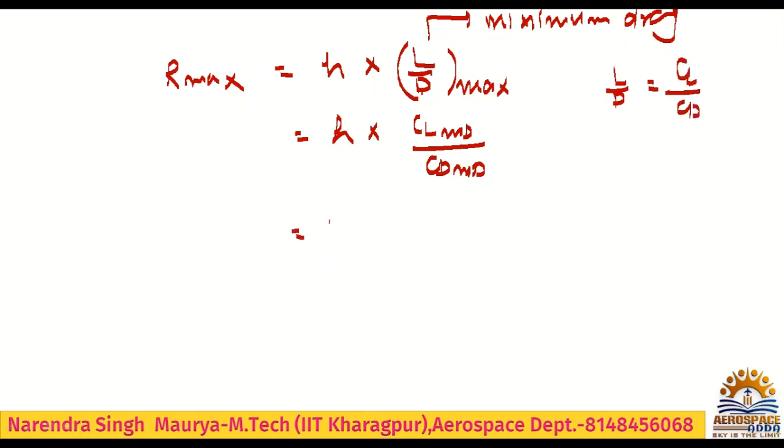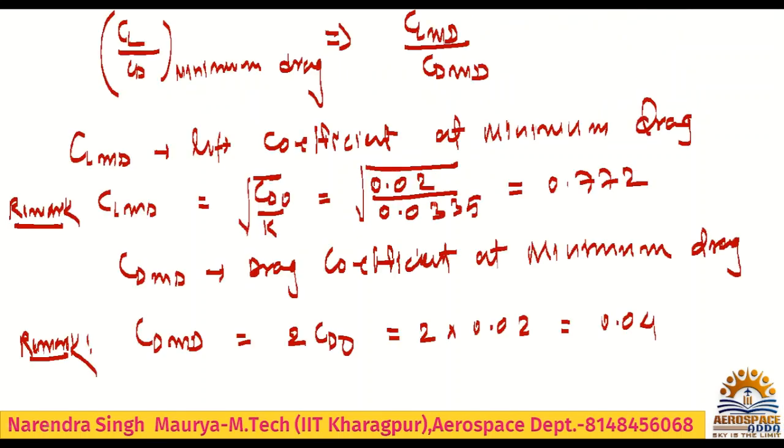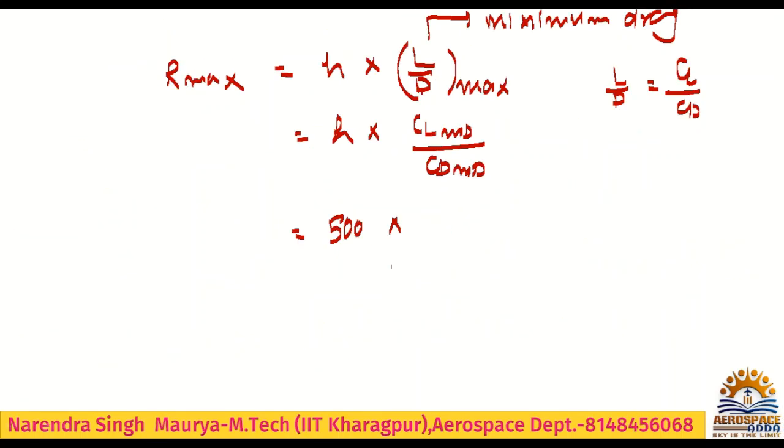Just now I had proved in previous page. Right. What is the H? 500 meter. CL MD just now you have calculated, how much it is, 0.772. 0.772 divided by 0.04. Yes or no? All right. We'll write this value. Divide by 0.04 into 500.